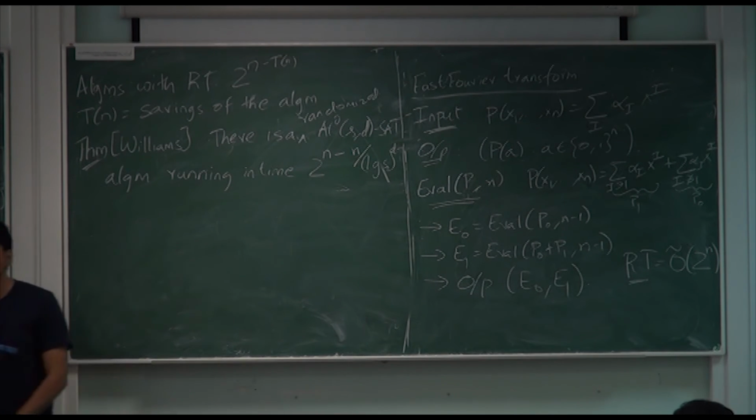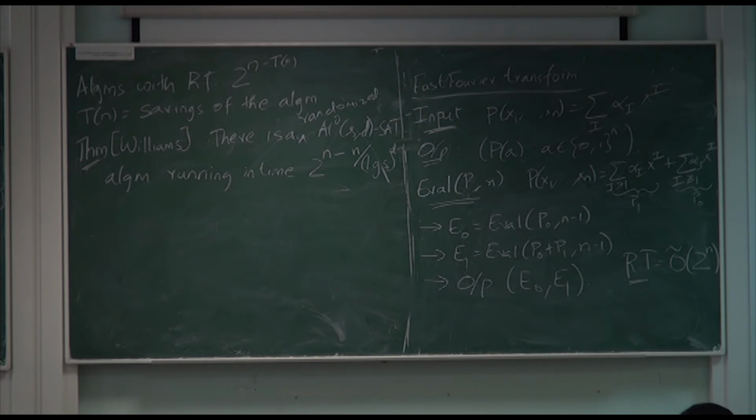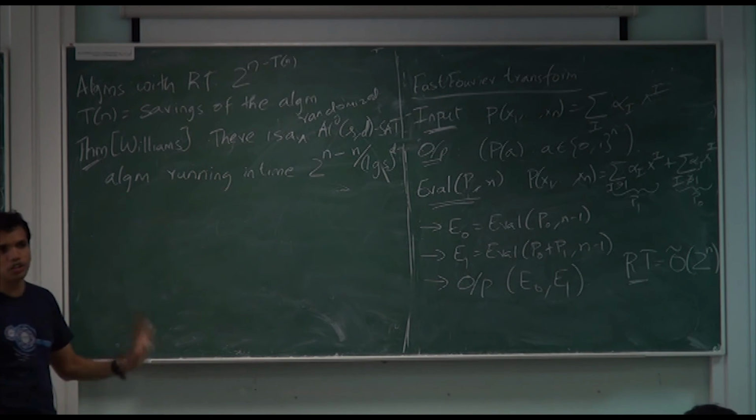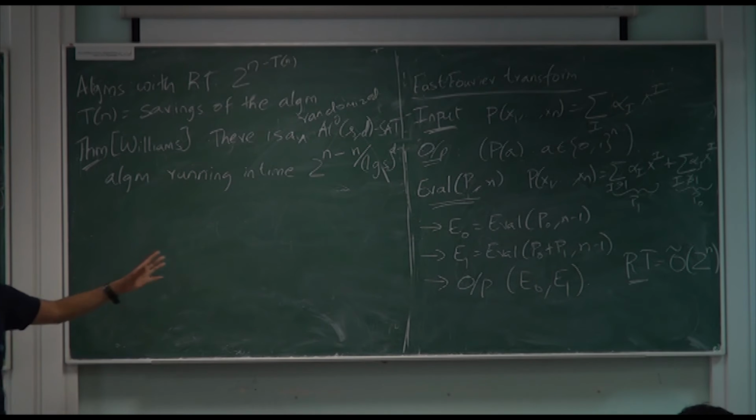Okay, all right. So just to recap, what have we done so far? What we want to do is check if an AC0 circuit is satisfiable. What we've done is answer some other question about polynomials. You're given a polynomial, you want to evaluate it at all its points, and we can do that efficiently. What's the link between this and that?